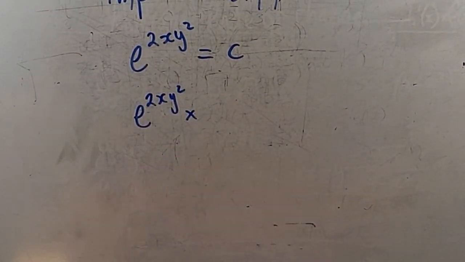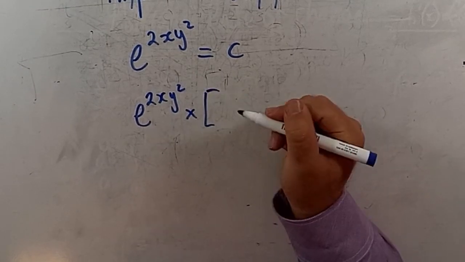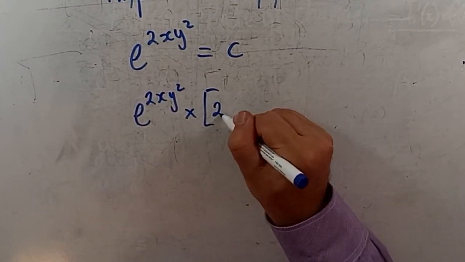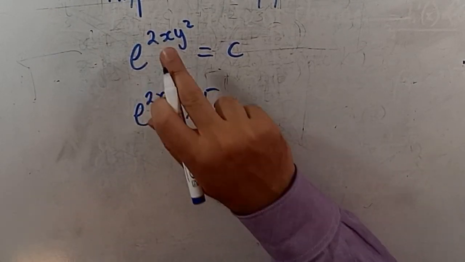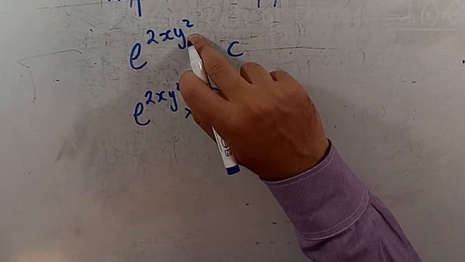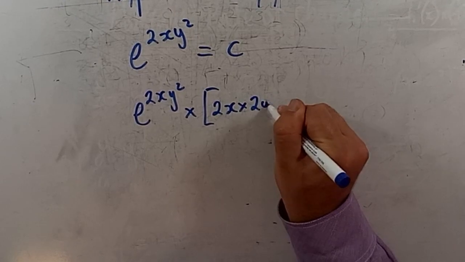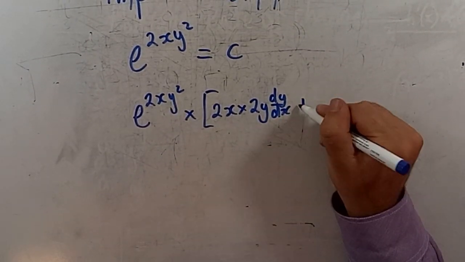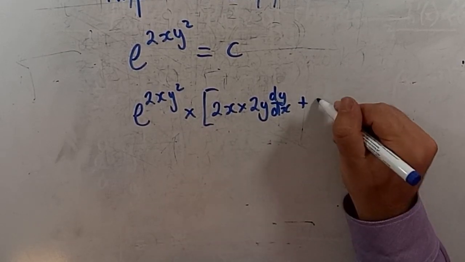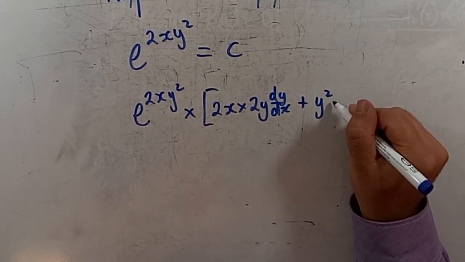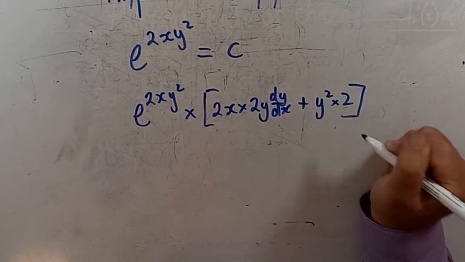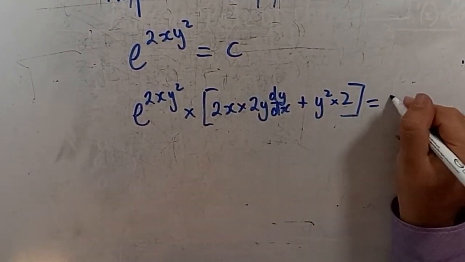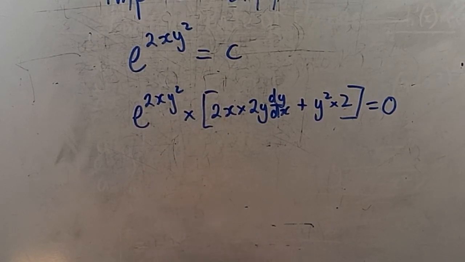Now we're going to have to use our good old-fashioned product rule again. So we'll go 2x, that function, multiplied by the derivative of this, times 2y dy/dx, right? That's with respect to x, plus, the other way around, y squared times 2, equals the derivative of c, that's a constant, so we get 0.